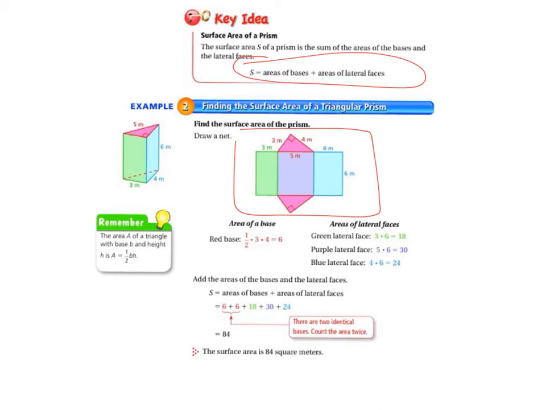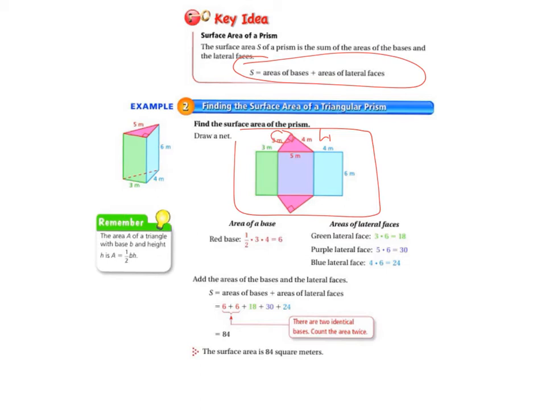And you need to remember the formula for the area of the base, the triangles, is 1/2 base times height. And the height is actually on the side with the right angle, and the base is over on the side with the 3.